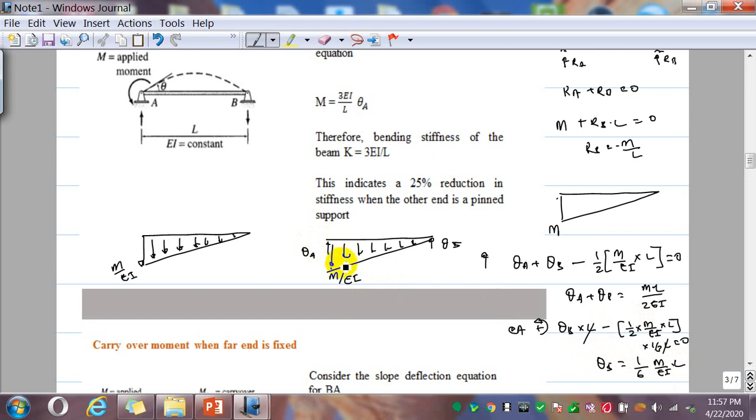So theta B is 1/6 M L over EI, and theta A is ML over 2 EI minus that.